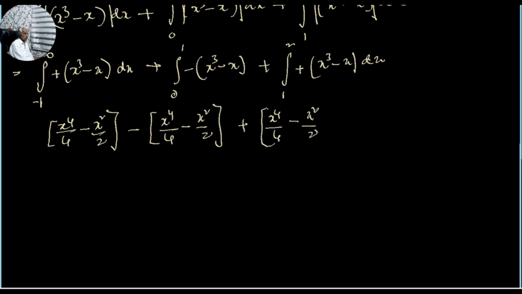After writing this, we write limits. This is 1 to 2, this is 0 to 1, this is minus 1 to 0.